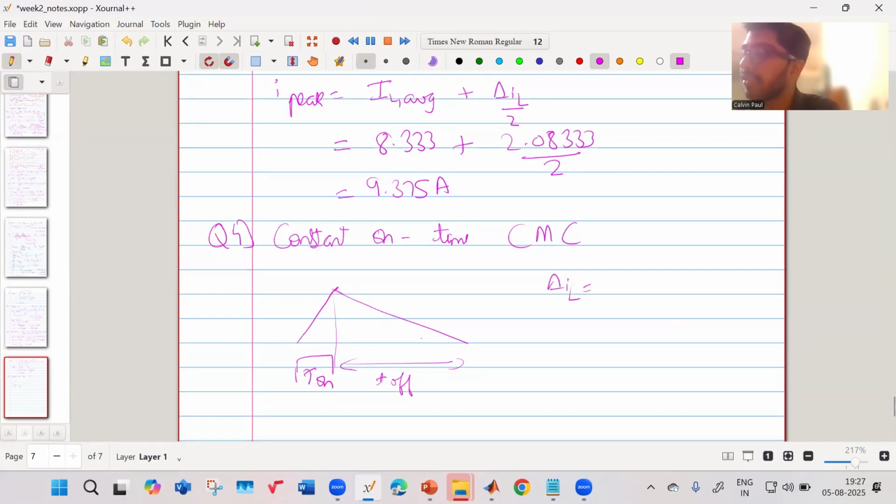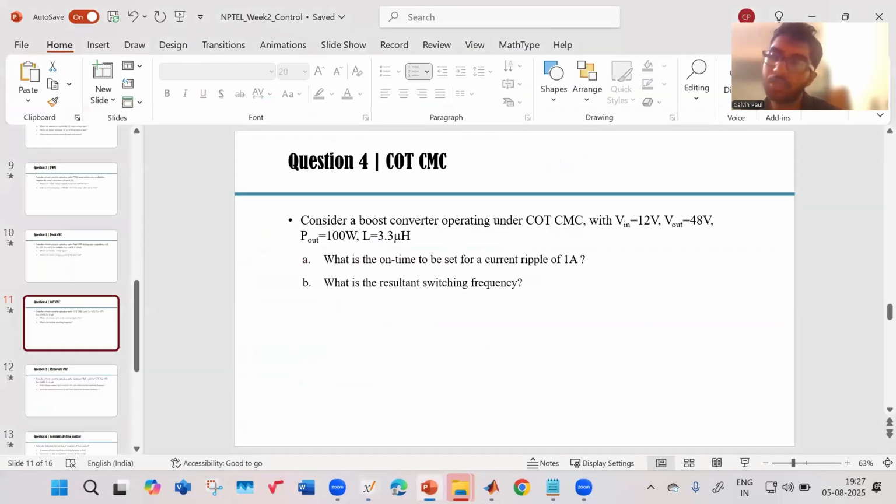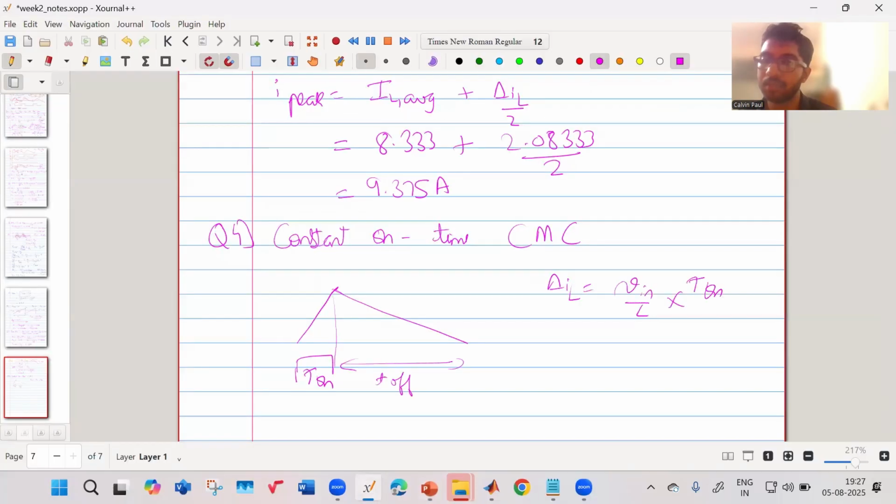We know that delta IL is V in upon L into T on for the boost converter, right? What do we have? Input is 12, output is 48. We want a current ripple of 1 ampere. Current ripple has to be set as 1 ampere. So this should be 1. This is 12. What is the L given to be? 3.3 microhenry. So L is 3.3 into 10 to the power minus 6. So what is the expression for T on? T on is 3.3 into 10 to the power minus 6 by 12.